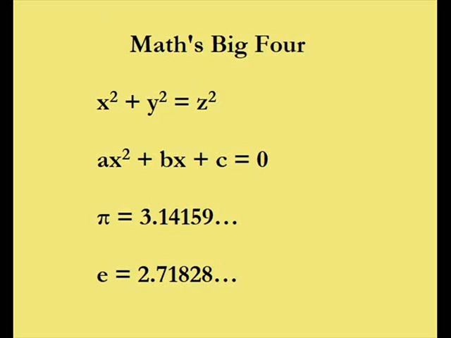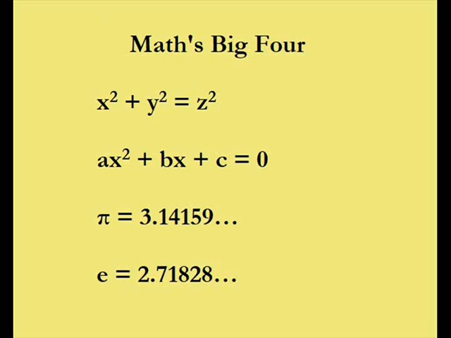You have first the Pythagorean Theorem, where on a right-angled triangle, the side opposite that right angle, called the hypotenuse, happens to be always the square of the sum of the other squares. The second one is the Quadratic Equation, and there's a solution to it.